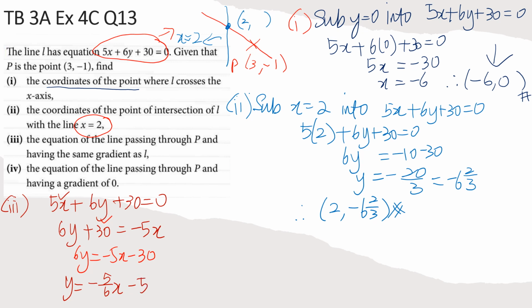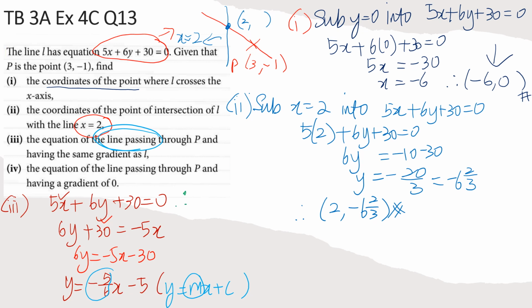Then if you compare this with y equals mx plus c, we will see that m is negative 5 over 6. That means the line L has gradient negative 5 over 6. So the line that we're interested in will have gradient negative 5 over 6.